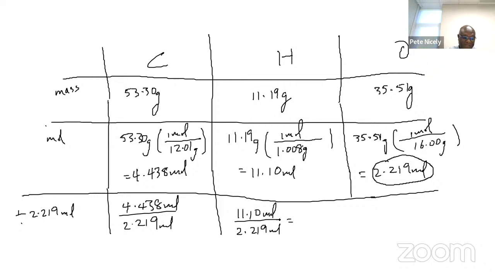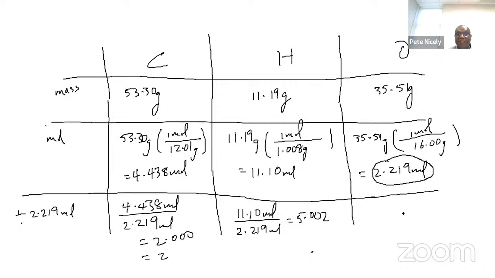4.438 divided by 2.219. So that gives exactly 2, believe it or not. So this gives 2.000, which is equal to 2. And then 11.10 divided by 2.219 gives 5.002.